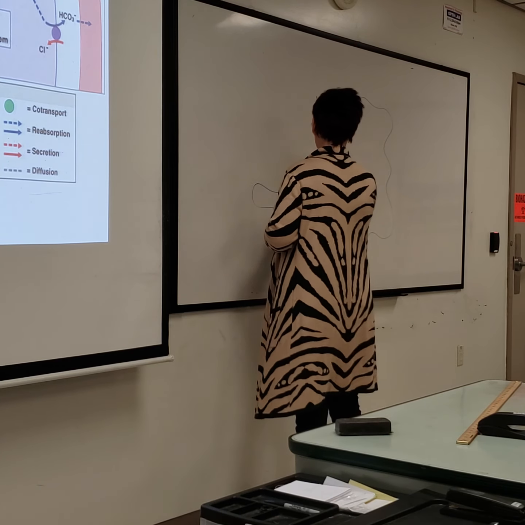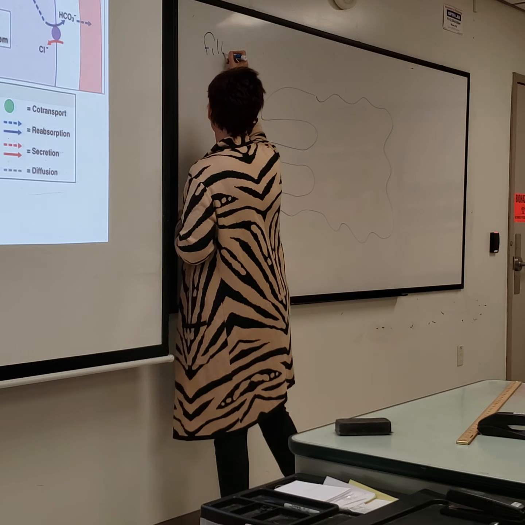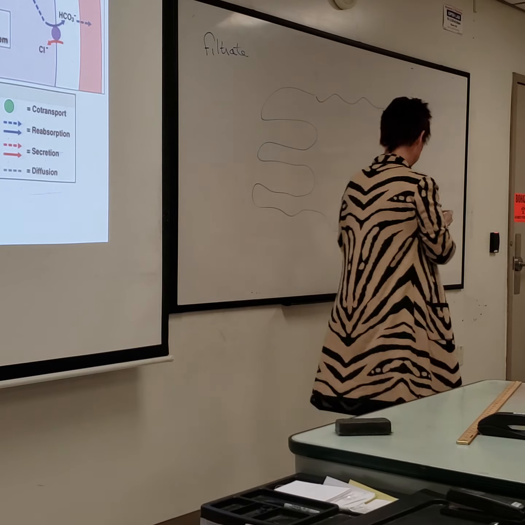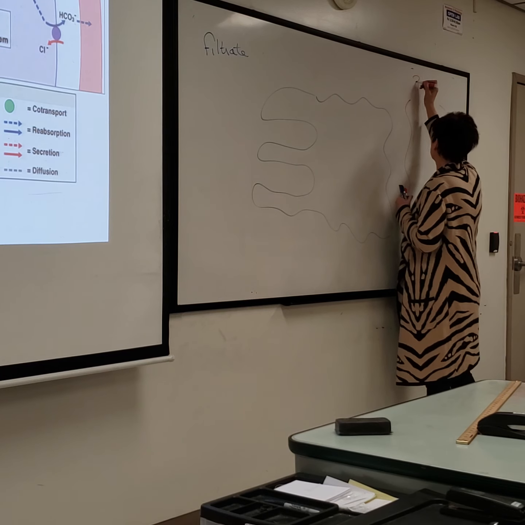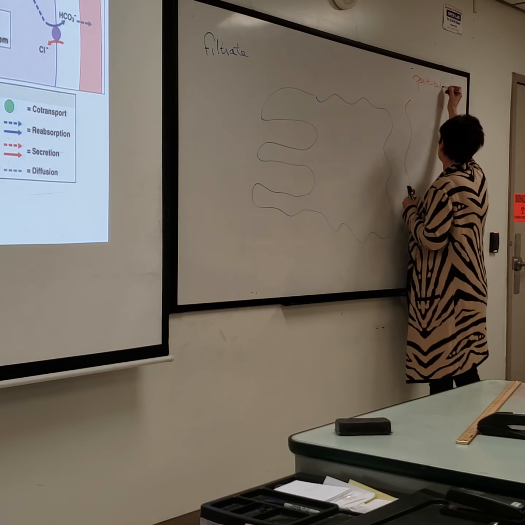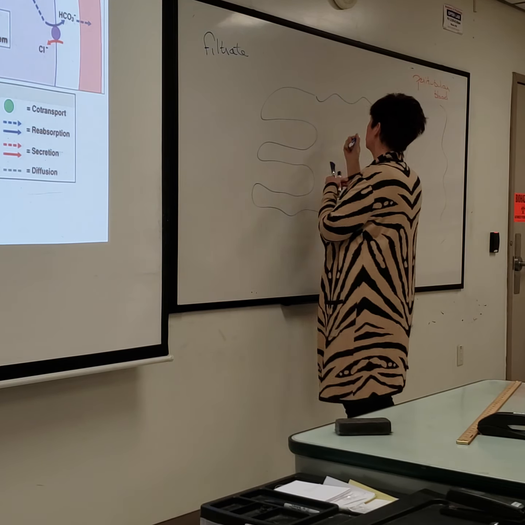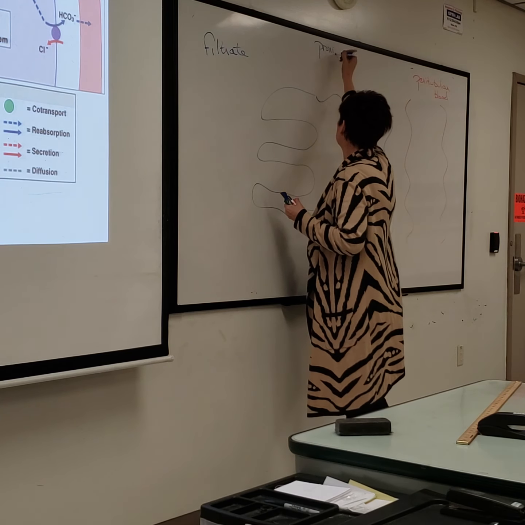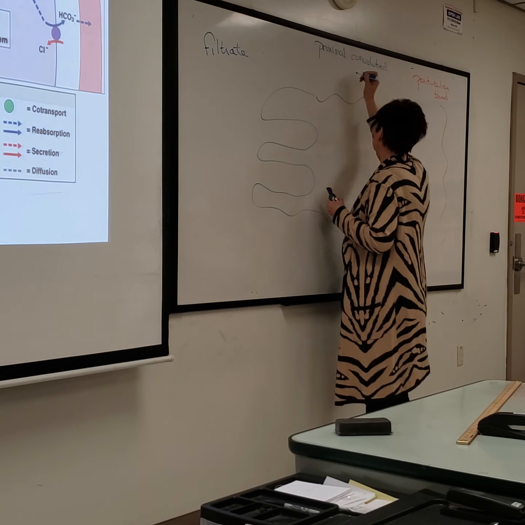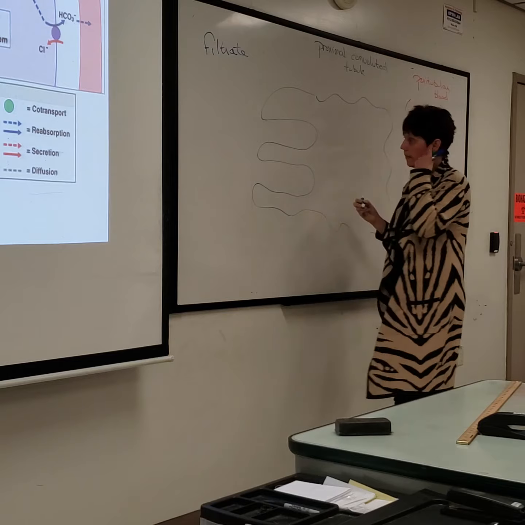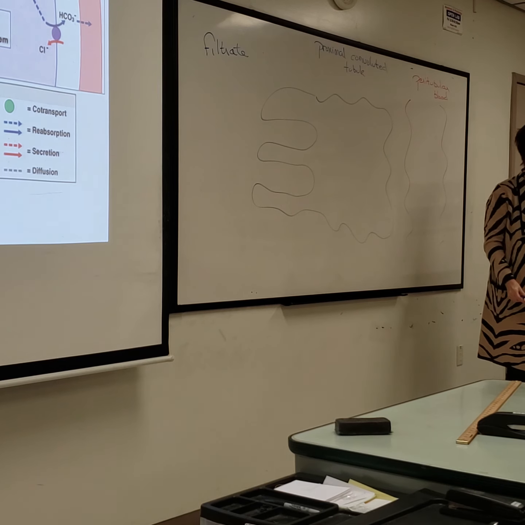Okay, so I'm going to draw that simple cuboidal epithelial cell again. The very long microvilli. Filtrate is going to be here. And this is in proximal convoluted tubule. Okay? So our plasma has too many hydrogen ions.